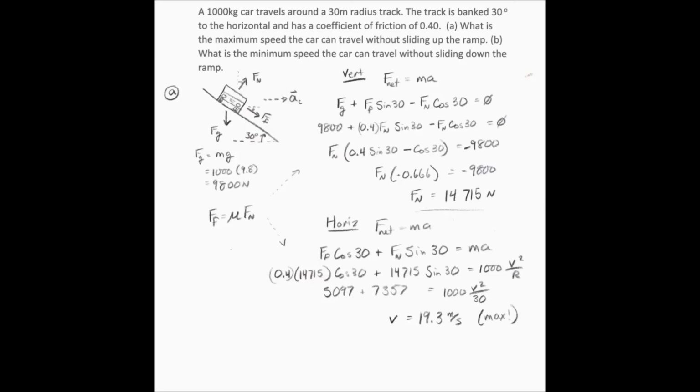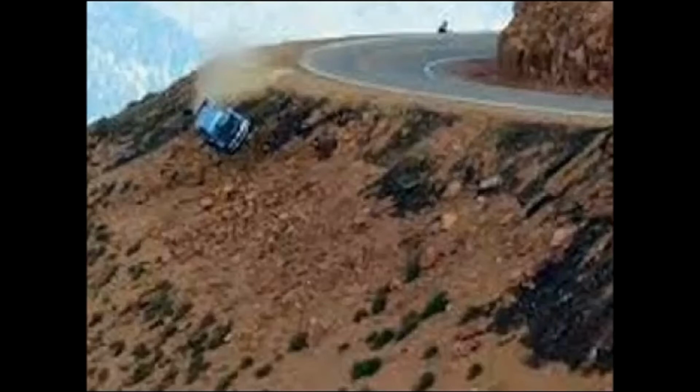Because the friction force depends on the normal force, it will apply up to a certain amount. In this case, it would be 0.4 times the 14,750 newtons. Anything less than that, friction will prevent it from sliding. As soon as you exceed that, the car is going to slide because the friction force can't keep up.